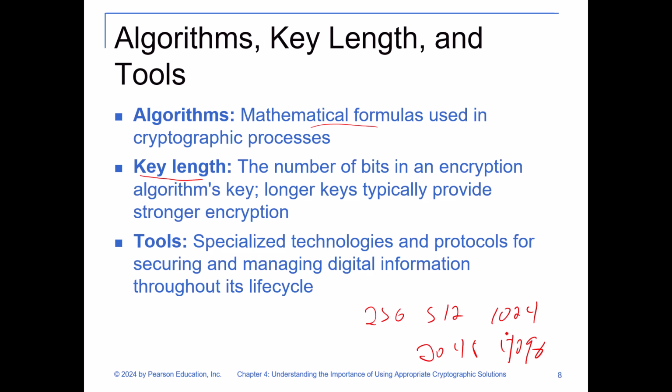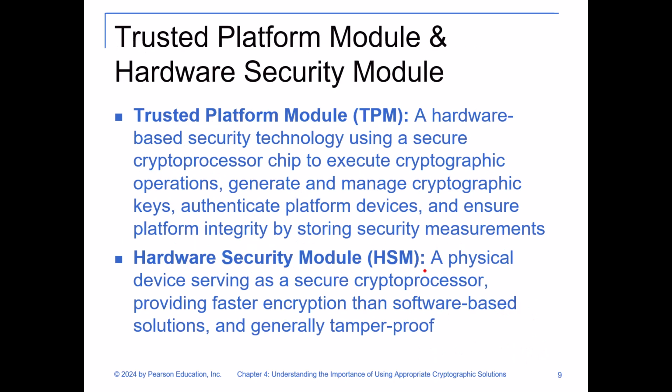Tools. These are going to be specialized technologies and protocols for handling digital information throughout the life cycle. The big takeaway here is algorithms, mathematical formulas. They use keys, and the key length actually does impact the encryption process.